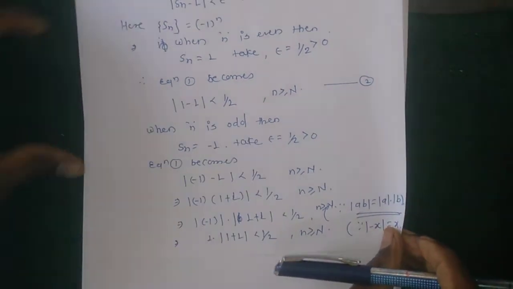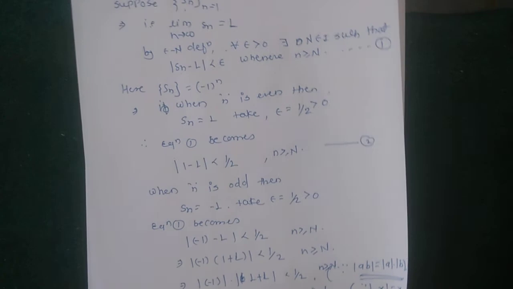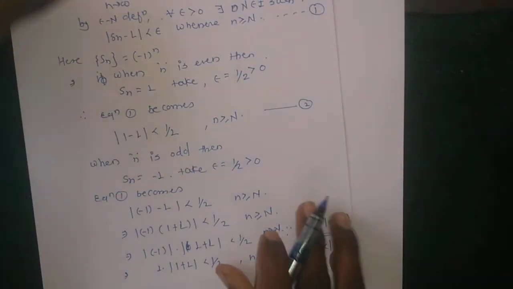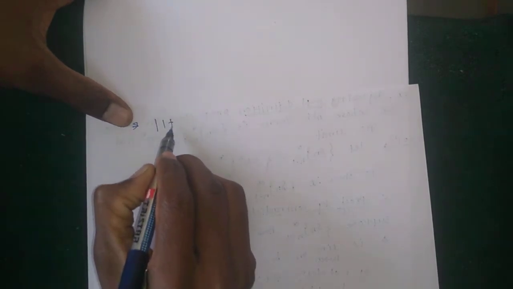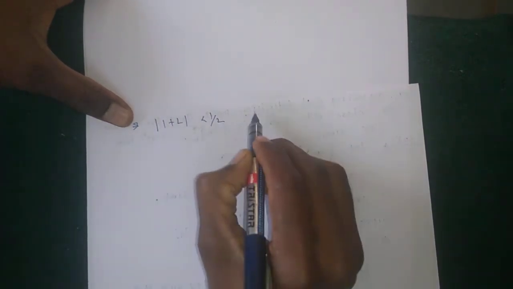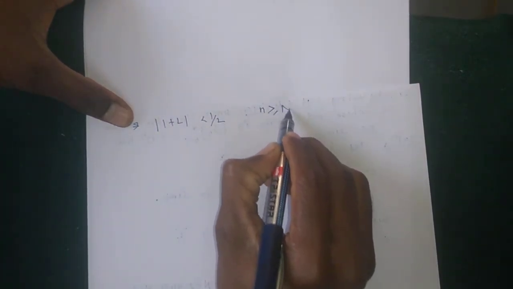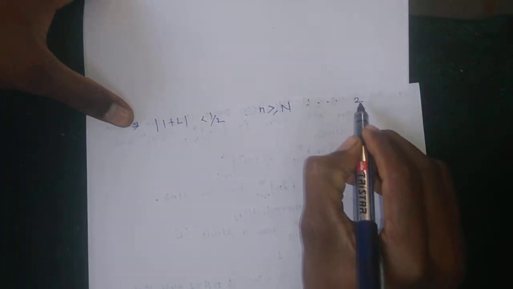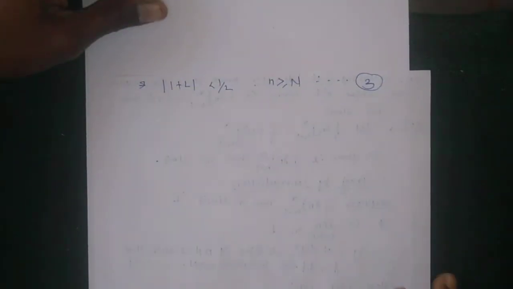So here, which implies that mod of 1 plus L is less than 1 by 2, n greater or equal to N, and suppose this is equation number 3.